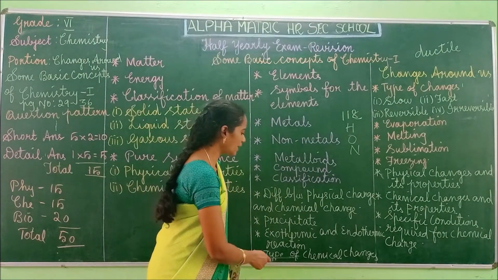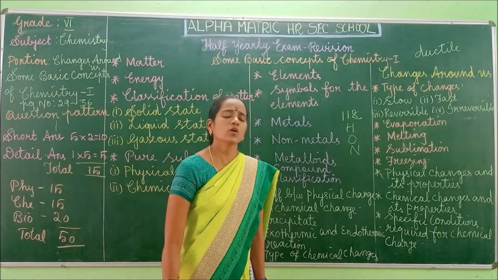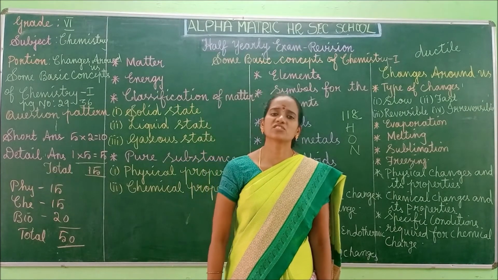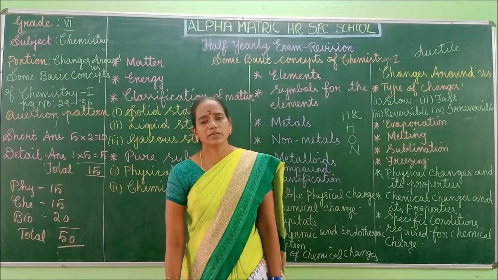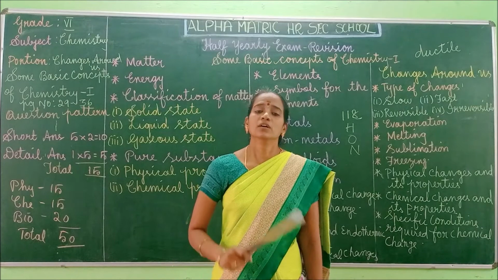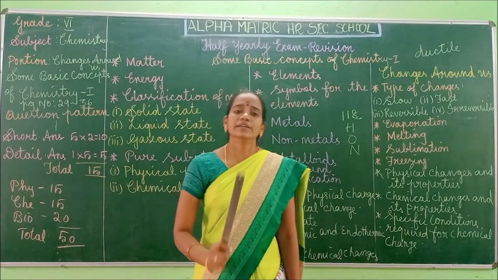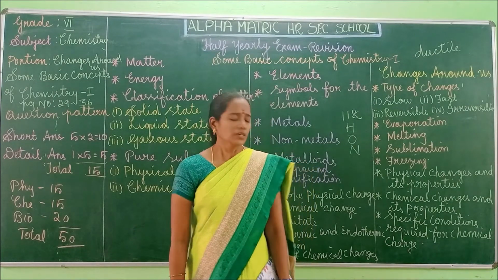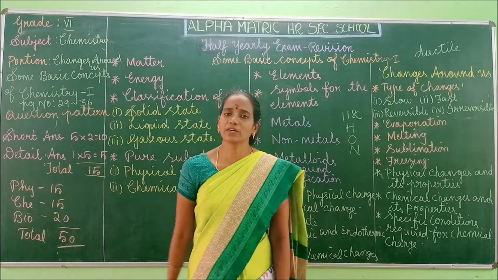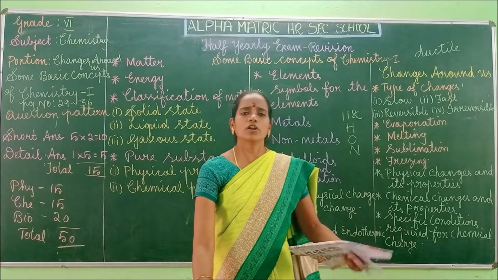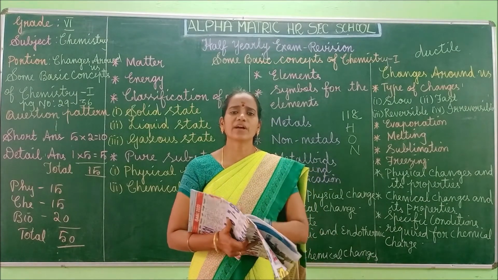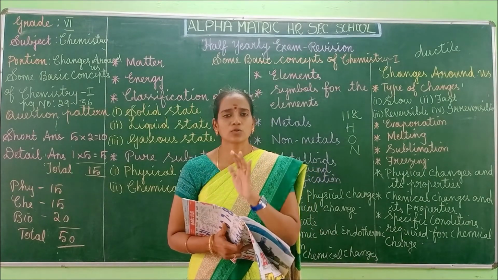So next one, types of chemical changes. What are the different types of chemical changes? Combination reaction, decomposition reaction, displacement reaction, double displacement reaction. This question also you may expect in the detailed answer. Okay, already in unit test 2 we have revised the changes around us lesson.